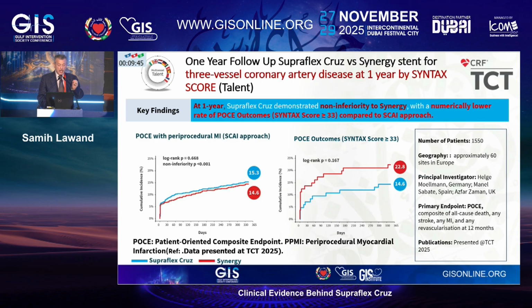It turned out that the higher likelihood of being a high complexity SYNTAX score was more likely to show numerically better or at least non-inferior findings with Supraflex compared to Synergy.